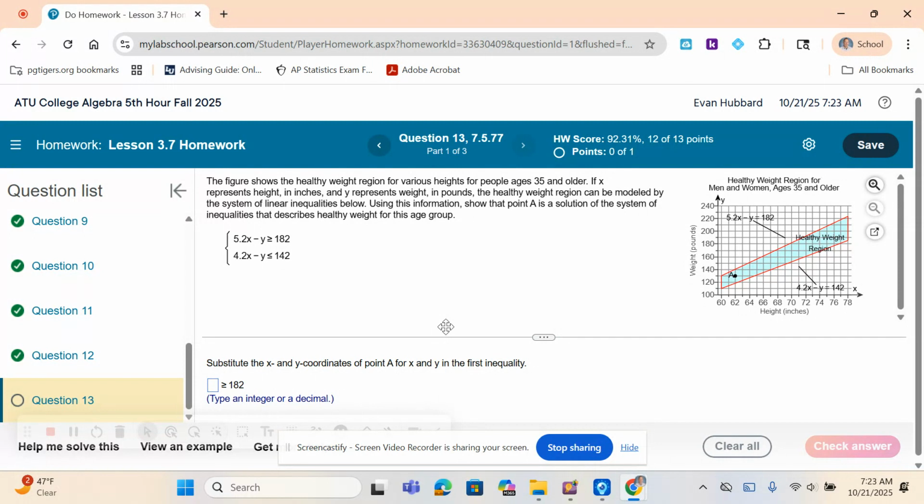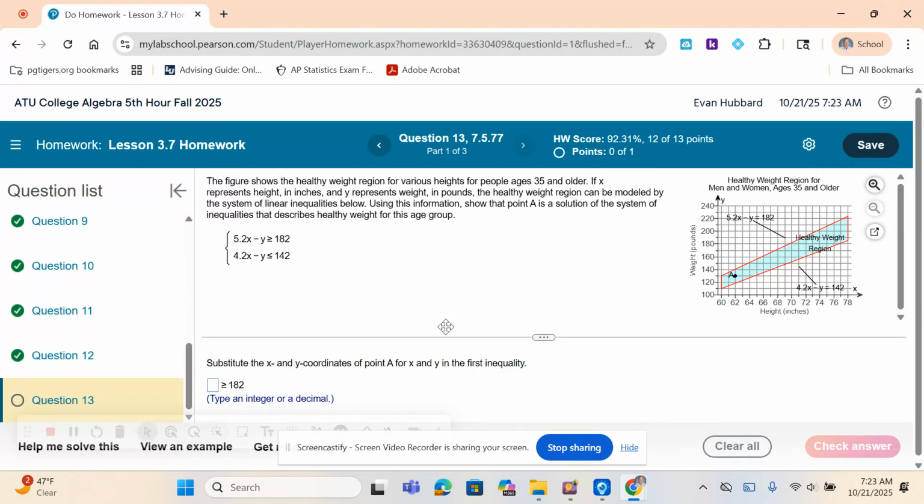Okay, those are my healthy regions. And I'm shown that point A is a solution. So point A looks like it's approximately at 62, 130.